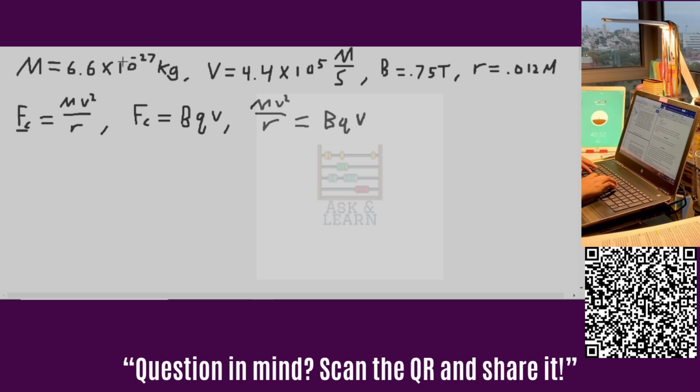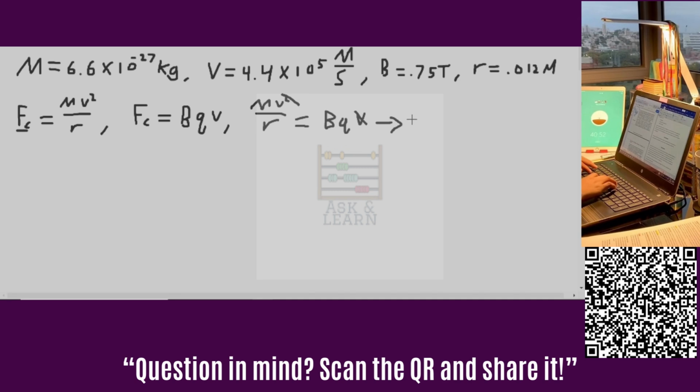Since some of these are really big or really small numbers, it can get cumbersome, and this saves us from possibly making an arithmetic mistake. So now we can make this a lot nicer by eliminating some things. We see that this v will cancel with this.